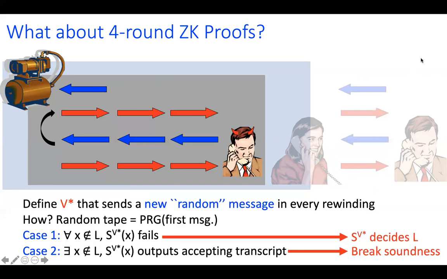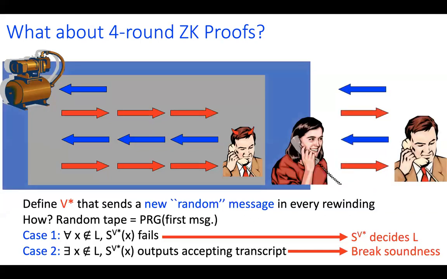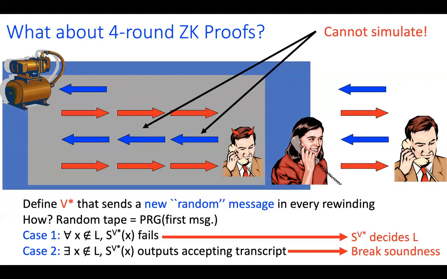So the first issue that we come across here is this: let's say that we take the first message from outside, forward it inside, and pick one of these sessions to forward outside. The problem is that when we rewind internally, we need to simulate the third message from the malicious verifier.